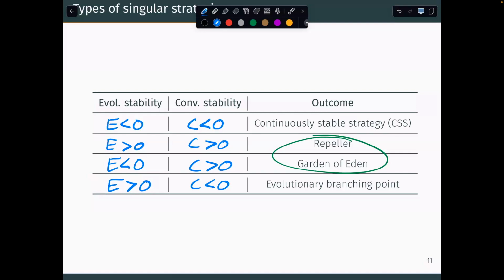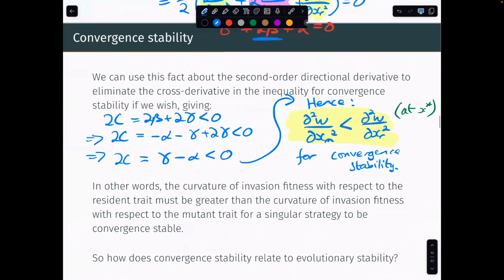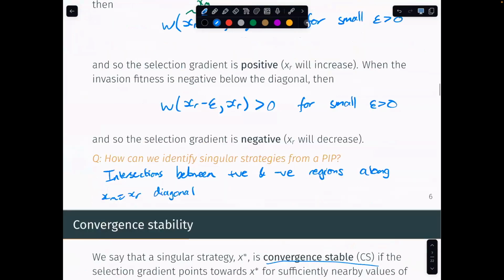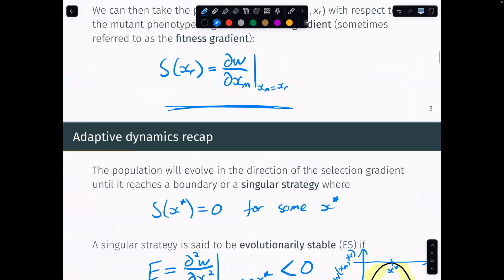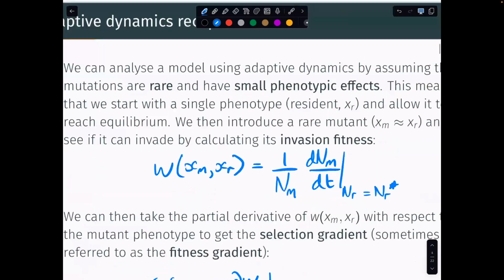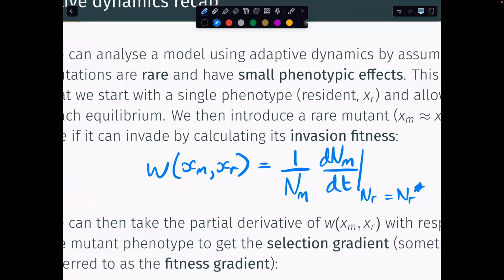What's really going on in adaptive dynamics is we go all the way back up to our invasion fitness. Just go to an earlier one. Here. The key thing is this second term here. How well does this mutation fare in an environment created by the resident?